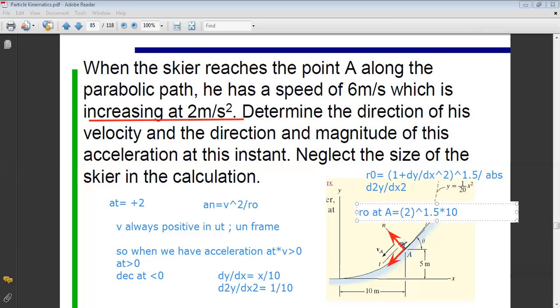And in this way, you find the radius of curvature. Once I find my radius of curvature, then I can replace back into my equation.